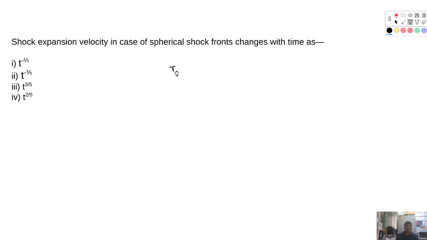R shock equals epsilon, E t squared by rho 1, to the power 1 by 5, right? And then what you can do is to find out the expansion velocity, let's say Vs, right?